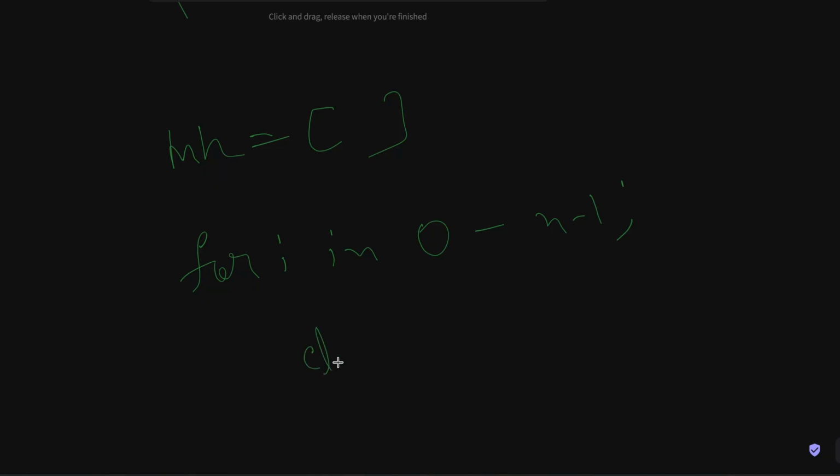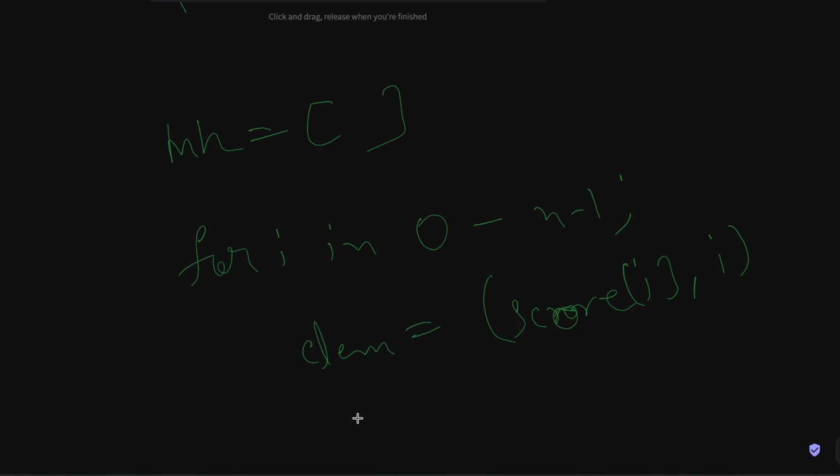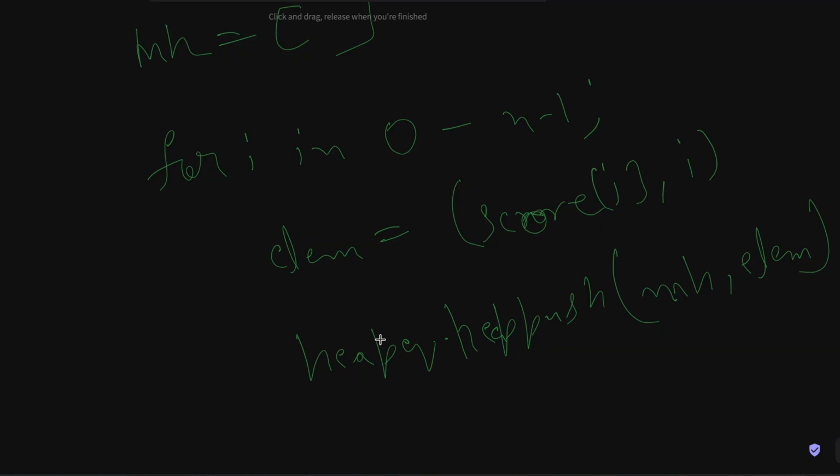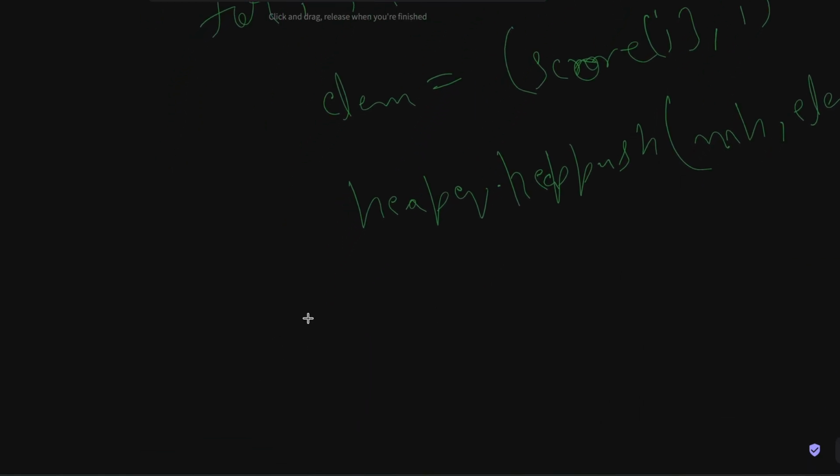We will have element equal to a tuple of the score and i. So we will add this particular thing into our heap, mh, that is the max heap, and we will put element. This is how we will populate our heap.